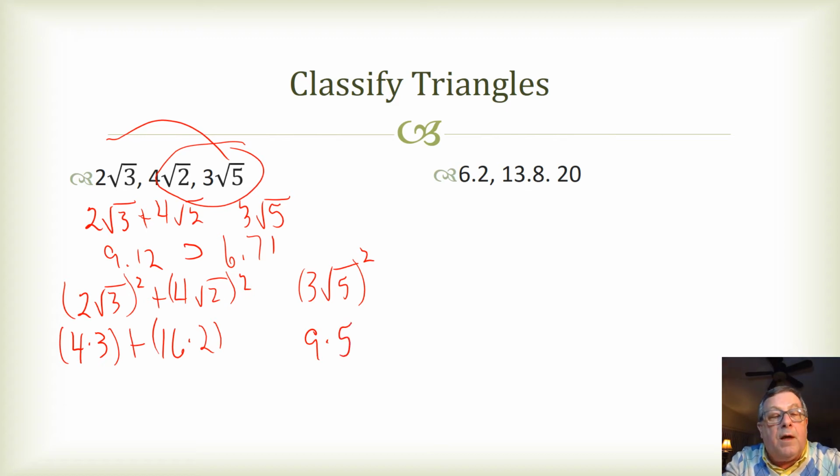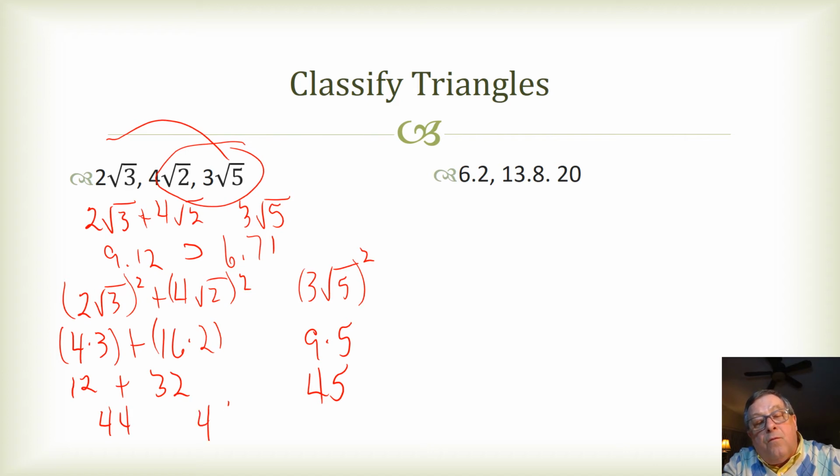So let's see what we got. 4 times 3 is 12. 16 times 2 is 32. And 9 times 5 is 45. And 12 plus 32 is 44. 44 to 45.